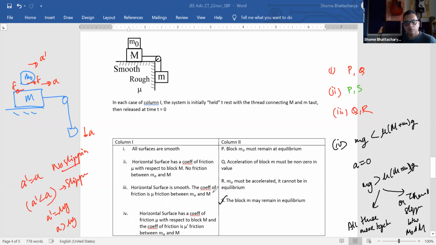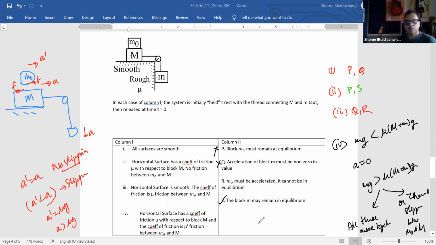Okay, so this cannot remain in equilibrium. But the "must remain in equilibrium" is not necessary. It can remain in equilibrium in the first case, but in the second case, it can start slipping. "Must be non-zero" is not necessary. First case we have seen.